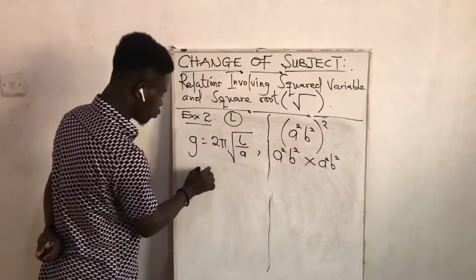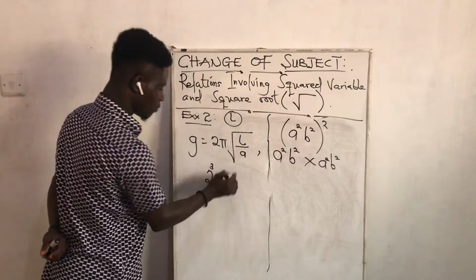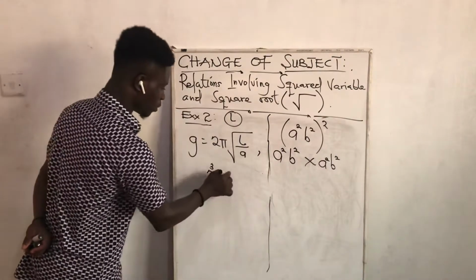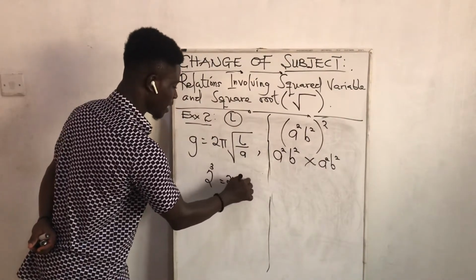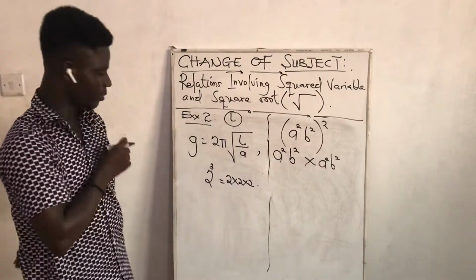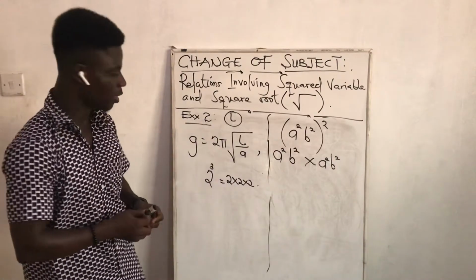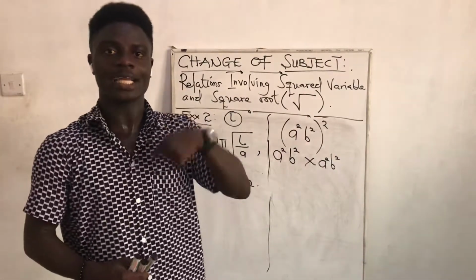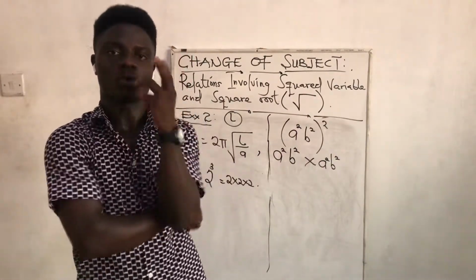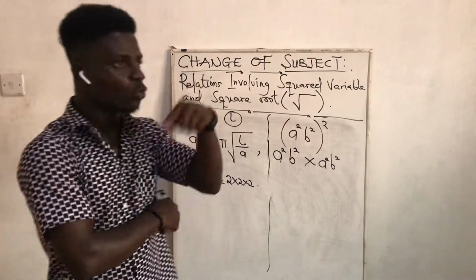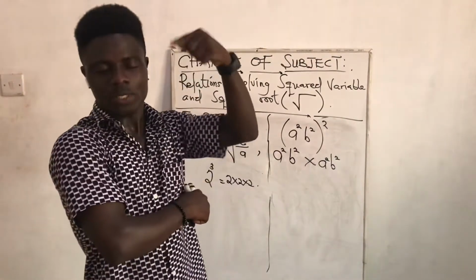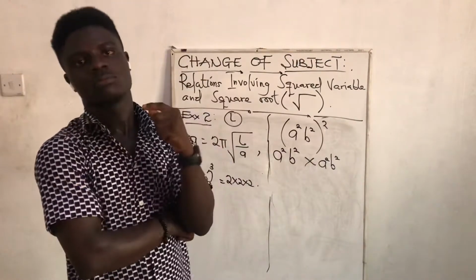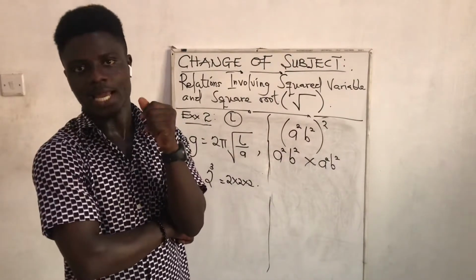If I have 2 to the power 3, it means 2 times 2 times 2, because 2 is multiplying itself 3 consecutive times. 2 to the power 10 is 2 times 2 times 2, up to the 10th term, right?